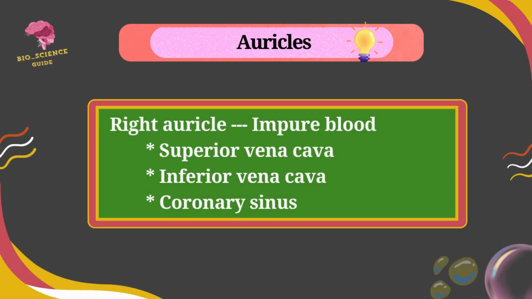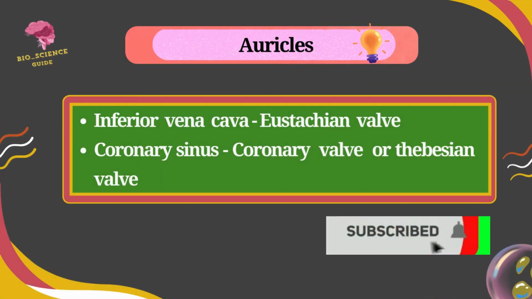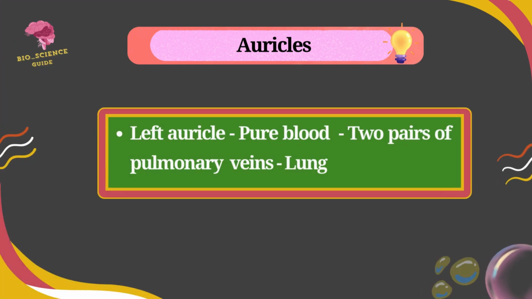The right auricle receives impure blood from the superior vena cava, inferior vena cava, and coronary sinus. The inferior vena cava has the Eustachian valve and the coronary sinus has the coronary valve. The left auricle receives pure blood by two pairs of pulmonary veins from the lungs.